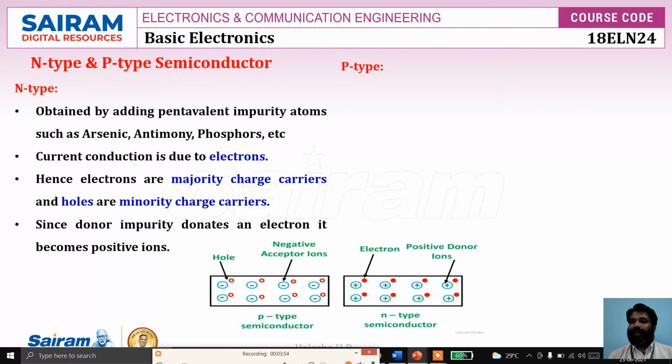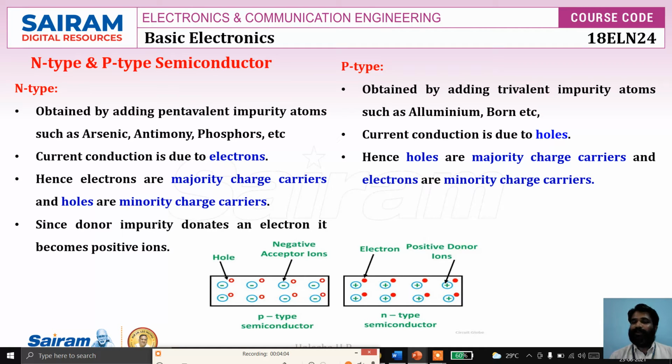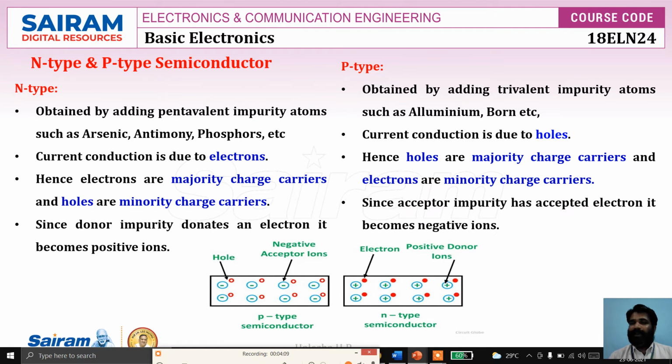P-type is obtained by adding trivalent impurity atoms such as aluminium, boron. Current conduction is due to holes, hence holes are majority charge carriers and electrons are minority charge carriers. Since it is an acceptor impurity atom, once the electron is accepted by the hole, it becomes a negative ion.